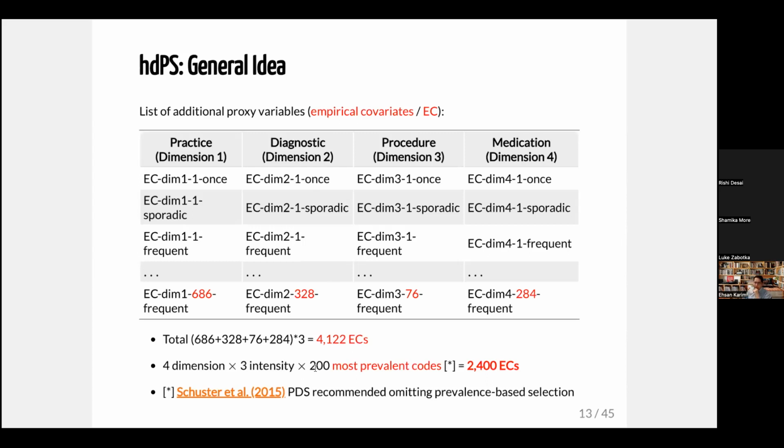So one of the things that was proposed in the original algorithm is that we use the 200 most prevalent codes, and that reduced it down to 2,400 empirical covariates. Obviously, there is some debate in the literature about whether we should reduce to only the 200 most prevalent codes. But for the simplicity of our presentation today, let's just say that we have these 2,400 empirical covariates based on the 200 most prevalent codes.